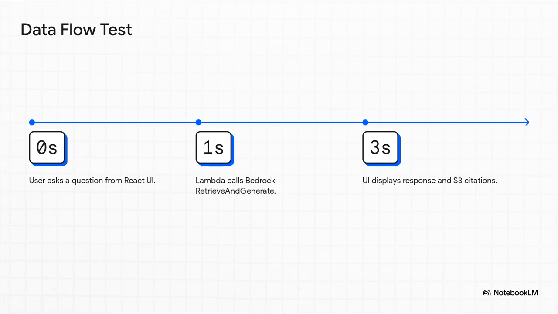That request goes right through our API Gateway POST route to our Python Lambda function, which uses the Boto3 library to execute Bedrock's powerful retrieve and generate method. Step 3. Bedrock pulls the context from our S3 vectors, generates an answer using Nova Lite, and sends it back. Our UI then beautifully displays not just the generated response, but also the exact S3 document source chunks as citations. It is a fully integrated, seamless loop.